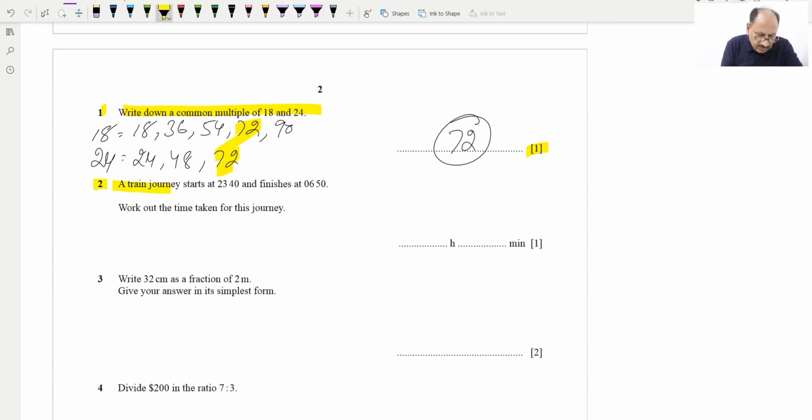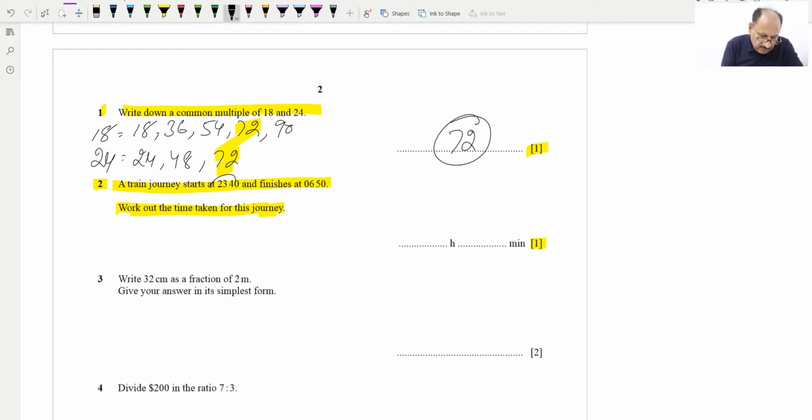Question number 2: a train journey starts at 23:40 and finishes at 06:50. Work out the time taken for this journey. This is also a 1 mark question. I will explain.